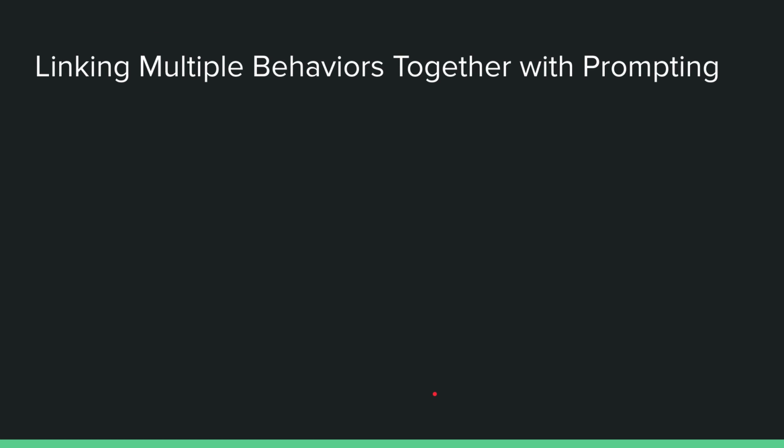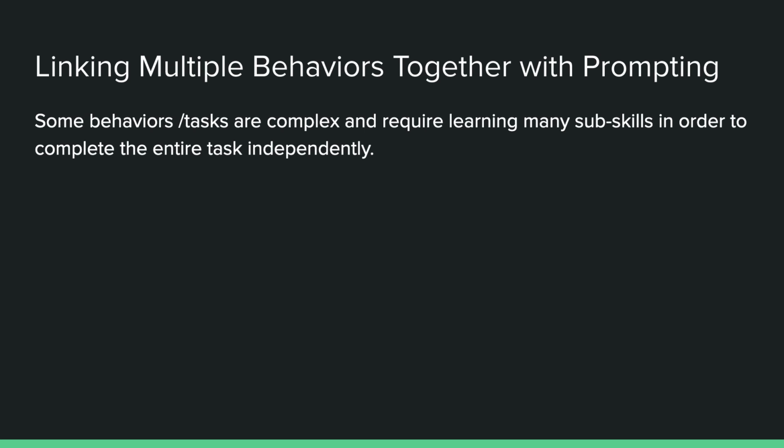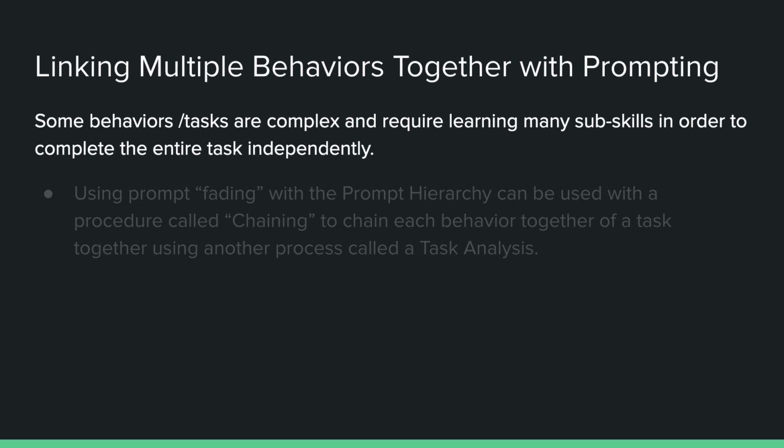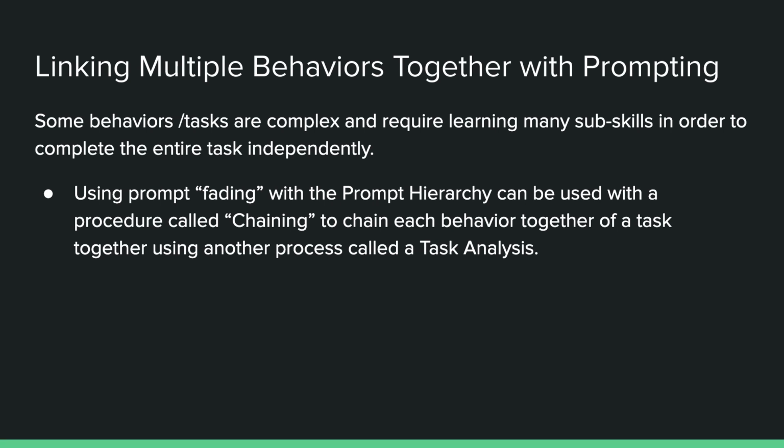Okay, so after you've done that, the next thing you can talk about is linking multiple behaviors together with prompting. Some behaviors or tasks are complex and require learning many sub-skills in order to complete the entire task independently. So prompt fading with the prompt hierarchy can be used with a procedure called chaining to chain each behavior of a task together.